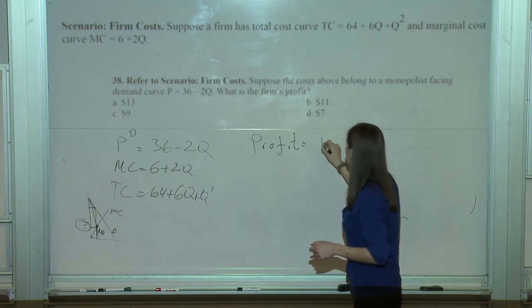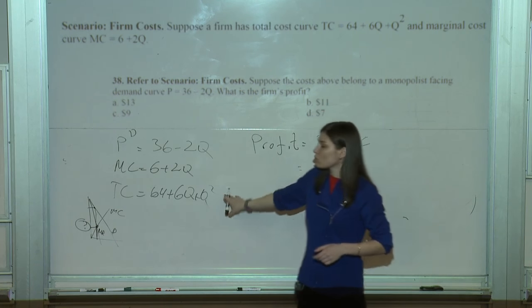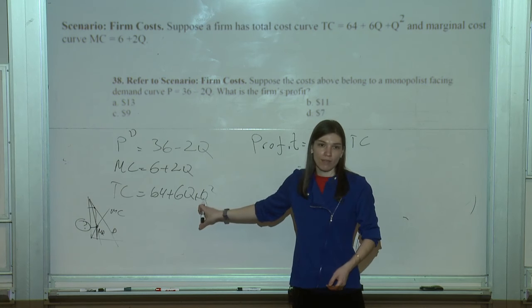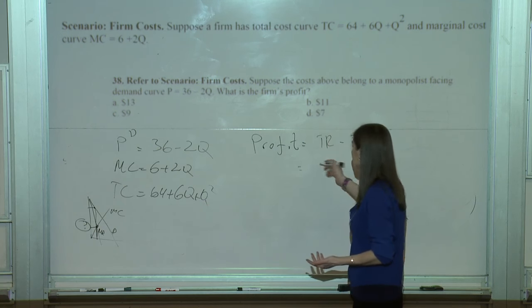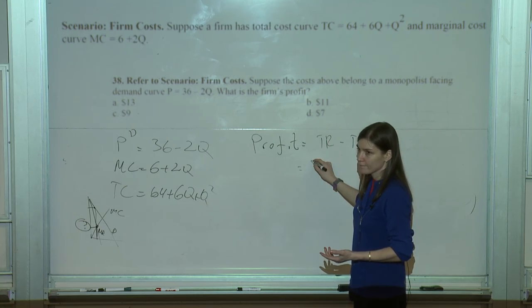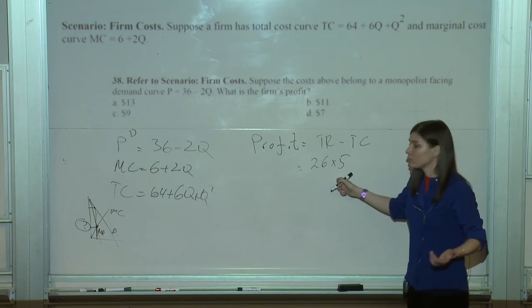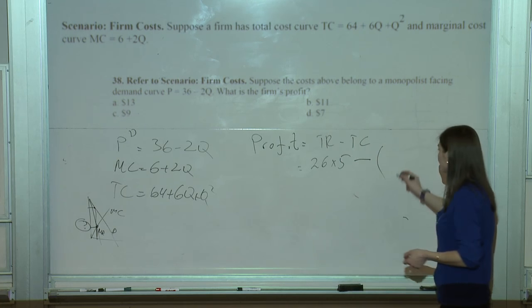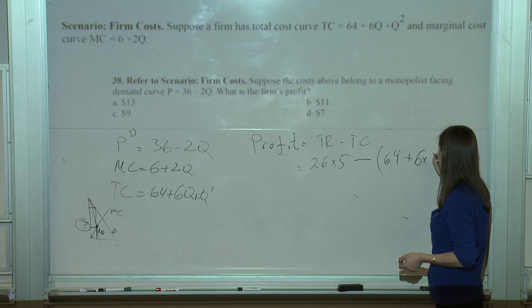So profit is total revenue minus total cost. I do have the total cost formula, and I know that quantity is 5. So I can just plug in 5 there, solve, and see what total cost is. Total revenue, what was the price? 26? 26 times 5 would give me my total revenue. Minus total cost, where I just plug in 5 in that formula: 64 plus 6 times 5, plus 5 squared.